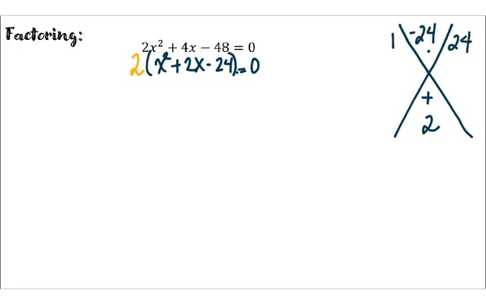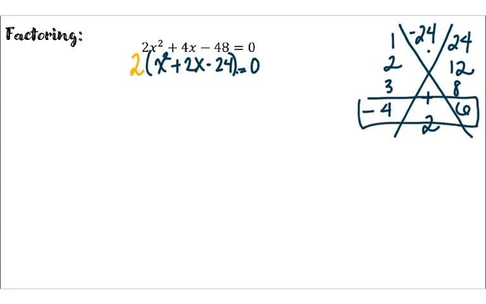I'm listing the factors that multiply to get 24: 1 and 24, 2 and 12, 3 and 8, and 4 and 6. We're looking for the pair that, when you add them, you get 2, but multiply to get negative 24. So it looks like I'm going to use 4 and 6, and I'm going to put the negative on the 4. Negative 4 plus 6 gives me positive 2. Negative 4 times 6 gives me negative 24.